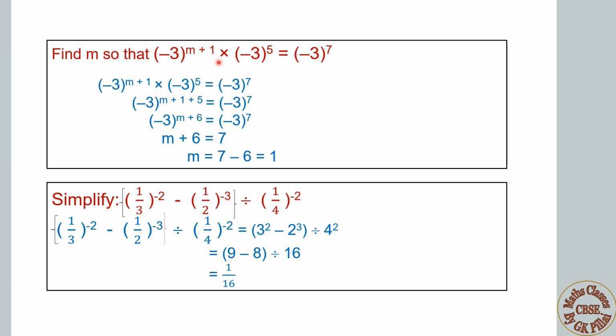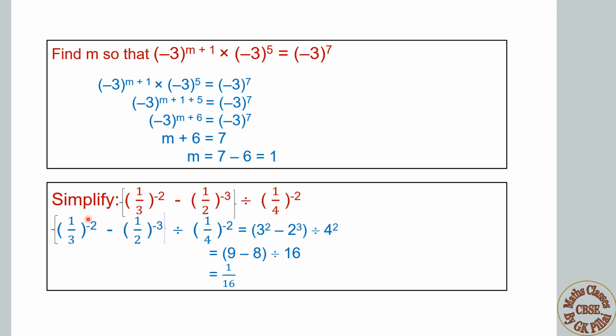First of all, because of the multiplication sign, we will add minus 3 raised to the power of m plus 1 plus 5. And this remains as it is. And this will be minus 3 raised to the power of m plus 6 equal to minus 3 raised to the power of 7. Now since the bases are same, you can equate the powers. It will be m plus 6 equal to 7, m equal to 7 minus 6 equal to 1.